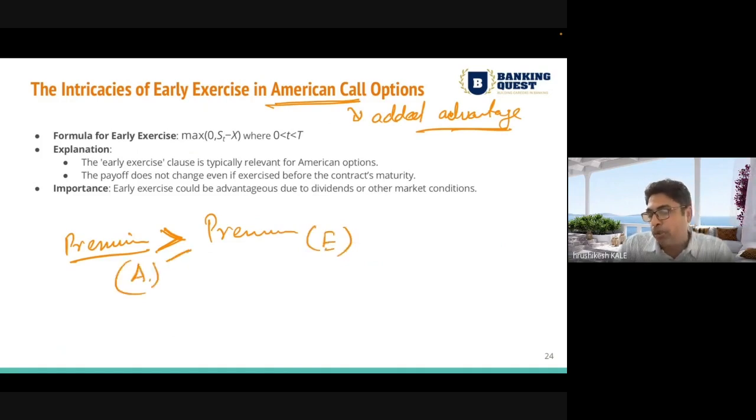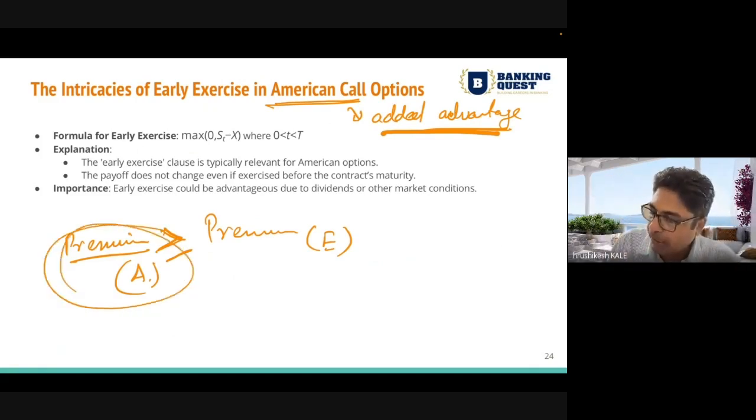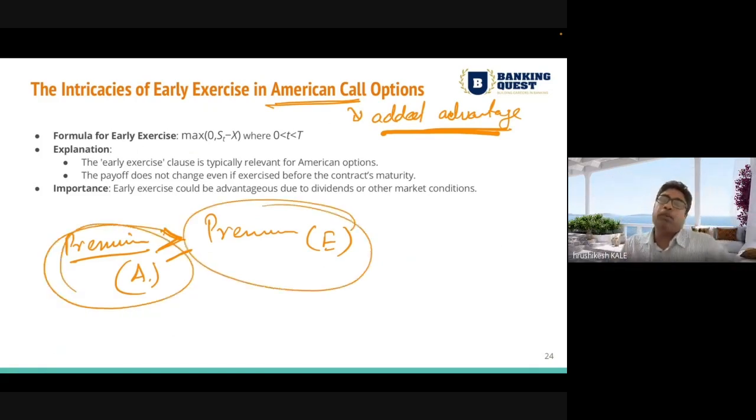So always remember, because an American call option has an added advantage that they can exercise their option anytime, their premium will always be higher than the premium of a European call option.